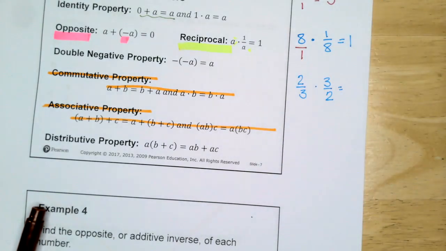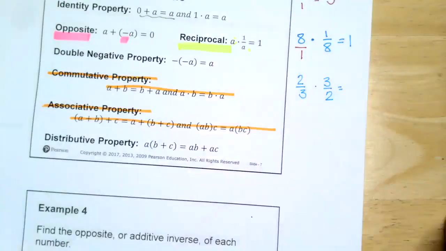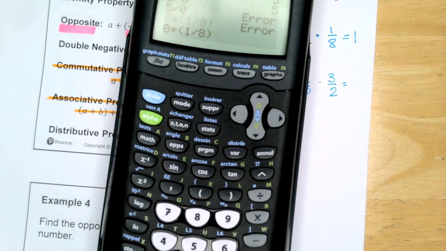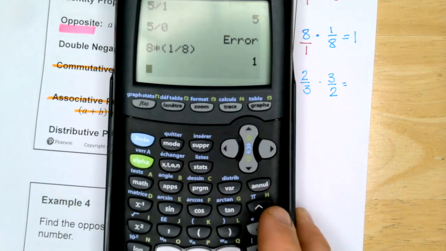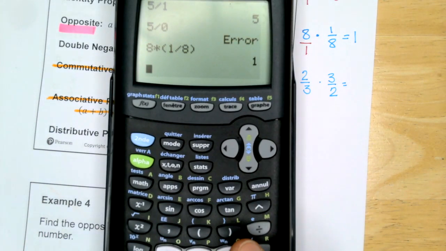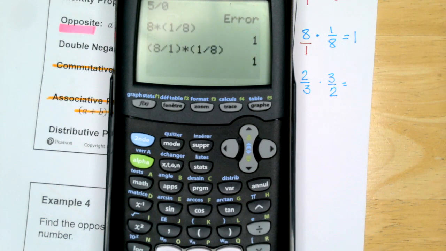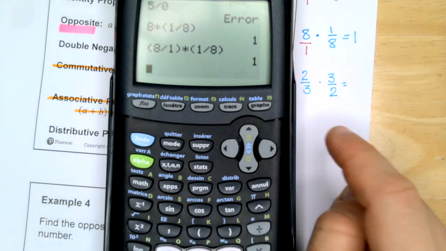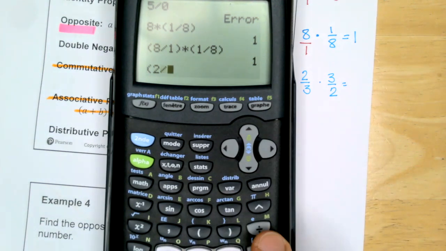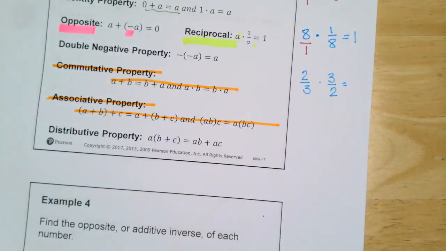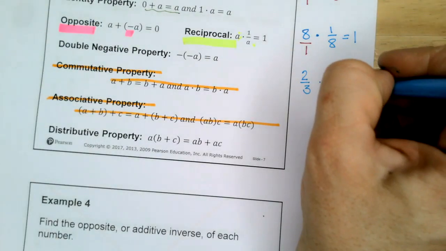If you multiply 2/3 by 3/2, you'll get the number 1. 8 times 1/8 is 1. 8 divided by 1 times 1 divided by 8, 1. Okay, so it doesn't matter if you call it 8 or 8 over 1. 2/3 times 3/2 equals 1. Good, that's what a reciprocal is.